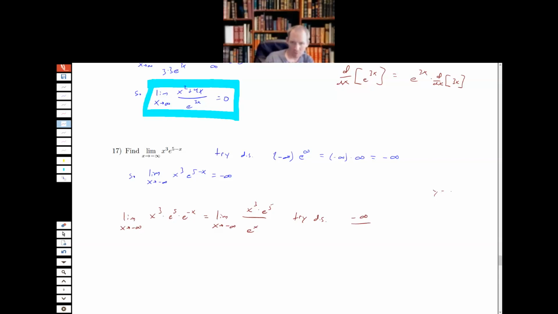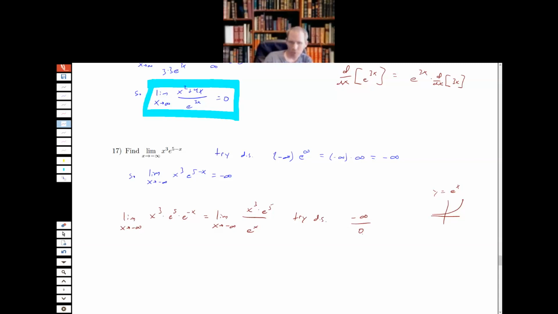But if I look at the graph of e to the x, as x goes to negative infinity, e to the negative x goes to 0. So I've got like an infinity over 0, or another way to look at this is a 1 over 0, which is an infinite limit, times infinity, which is an infinite limit, right?